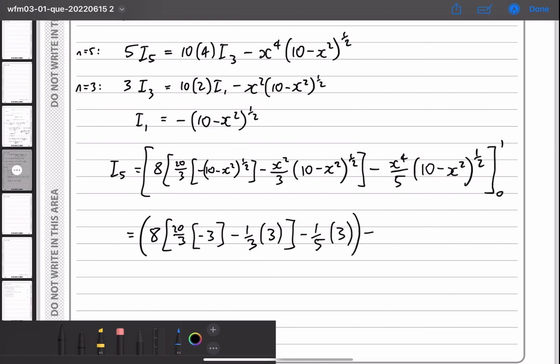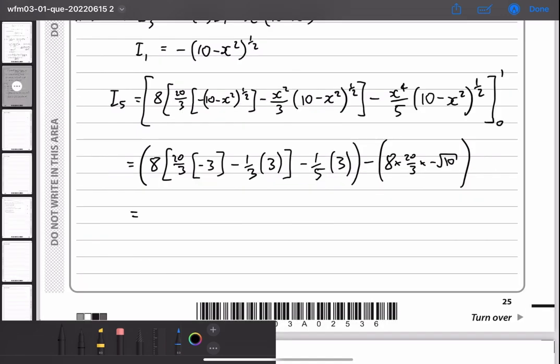And then when we've got the 0, we've got 8 times 20 over 3 times minus root 10, and everything else in that bit becomes 0 because of the leading x squared and x power 4 on those brackets. All of that on a calculator gives me minus 843 over 5 and plus 160 root 10 over 3.